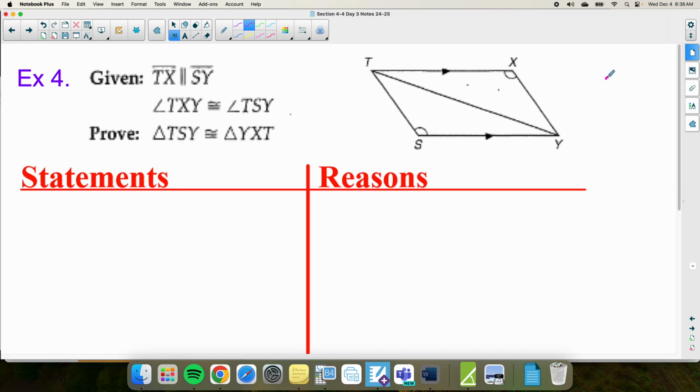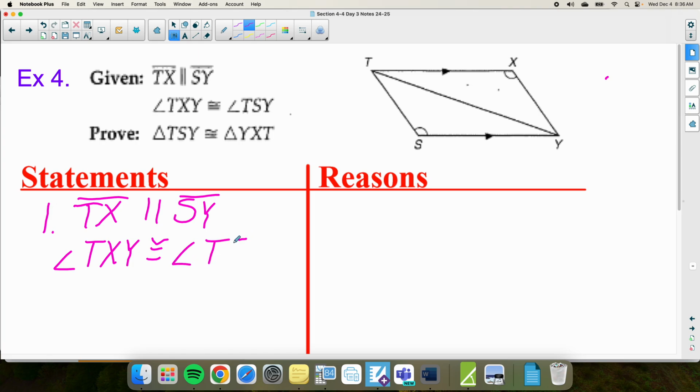Let's do this one. So we have that segment TX is parallel to segment SY, and angle TXY is congruent to angle TSY, and that is given. Okay.